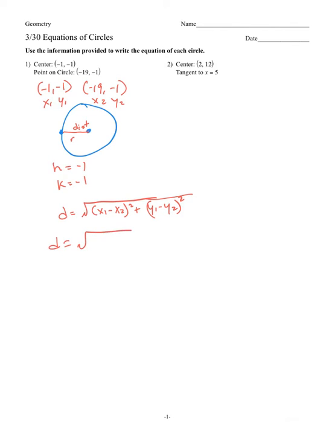D equals the square root of -1 minus -19 squared plus -1 minus -1 squared. And we put that in the calculator. I always tell you to put the guts in the calculator first and just leave it under the hood because you'll see what happens in a minute. So the distance is equal to the square root of 324. We'll leave that alone because the radius is going to be the square root of 324.